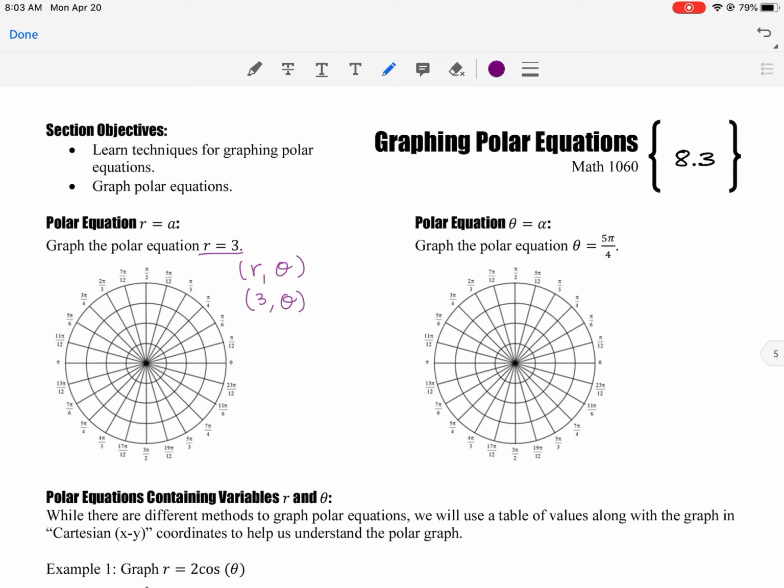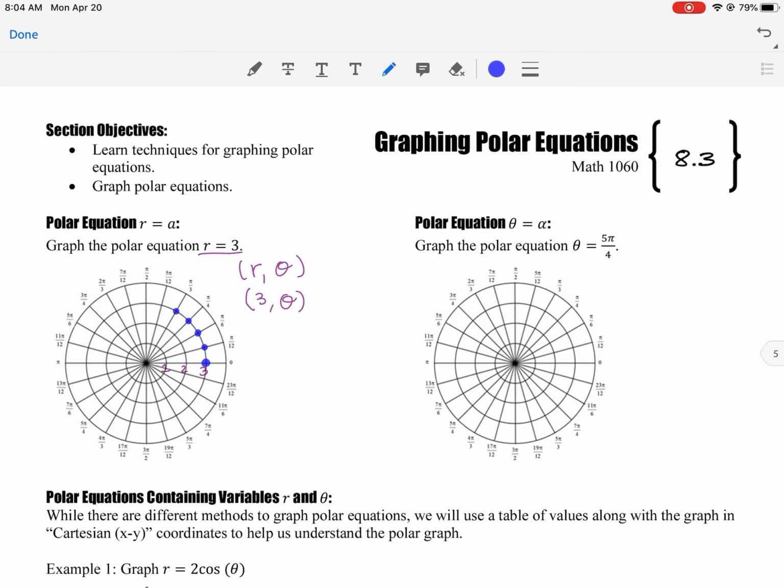If we think about this having a unit of 1s, this is radius 1, 2, 3. If theta is equal to 0, we're talking about this point right here. Or if theta is pi/6, we're talking about that point. Or pi/4, or 5 pi/4, the radius is always 3.